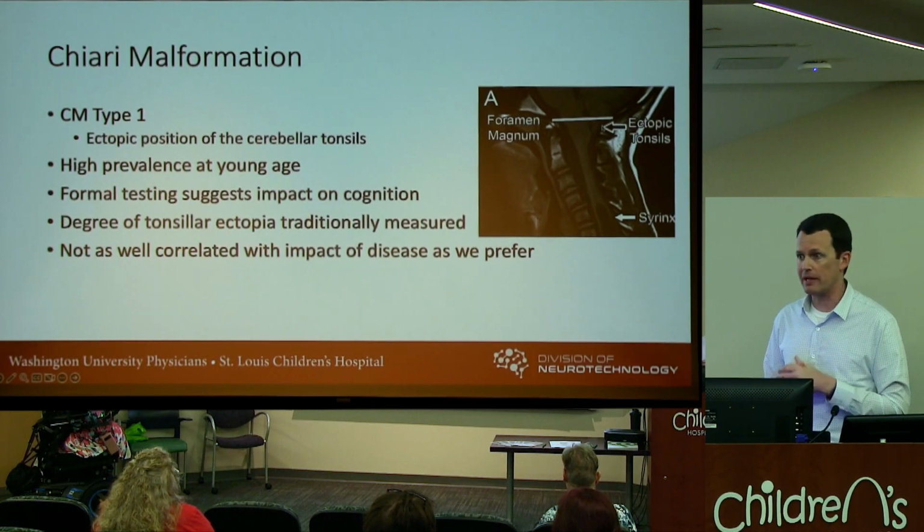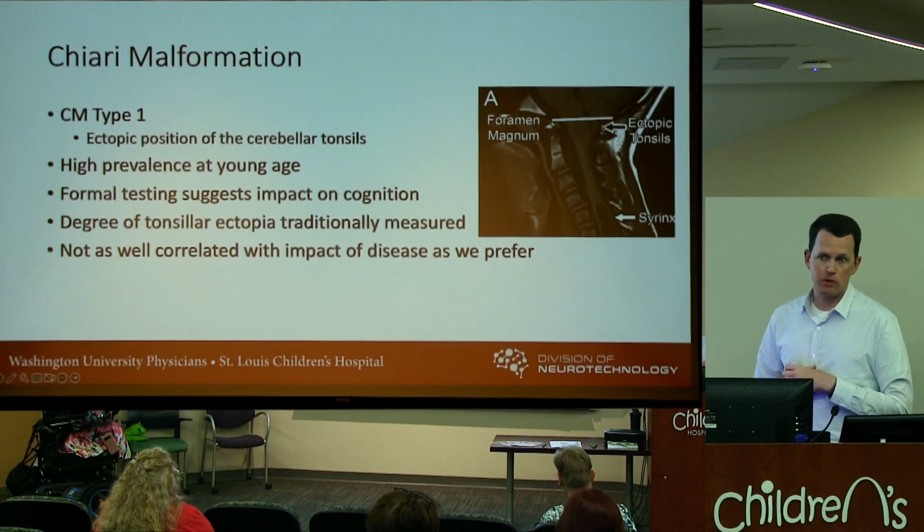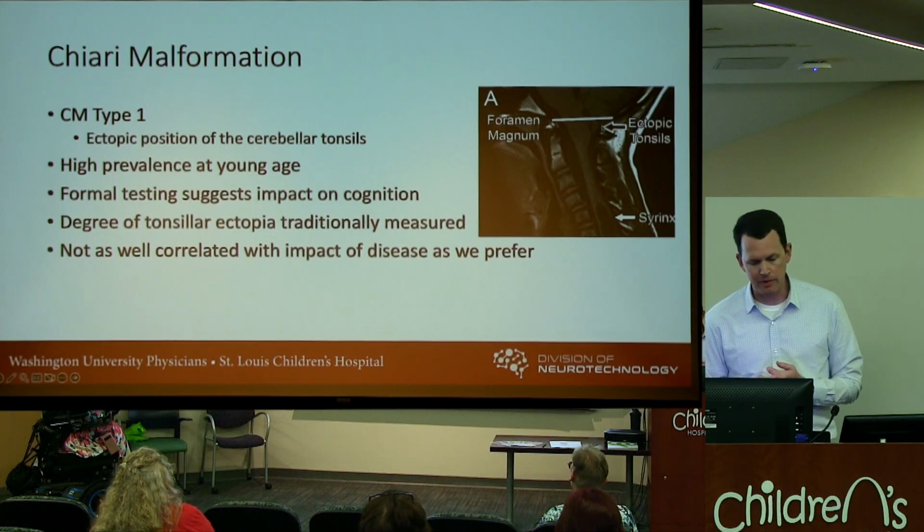We've seen people who've had MRI scans before that did not have that at birth, and then did develop a Chiari malformation later in life for a variety of reasons. There are times where we know what the cause is of an acquired Chiari malformation. There's times where we have no idea what the cause is. And a lot of times we're assuming that it might have been something you were born with, and it might have just become symptomatic or become recognized at some point later in life. But because of all those reasons, it has a high prevalence at young age.